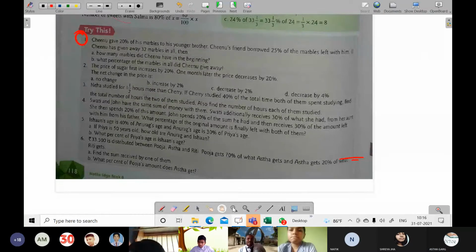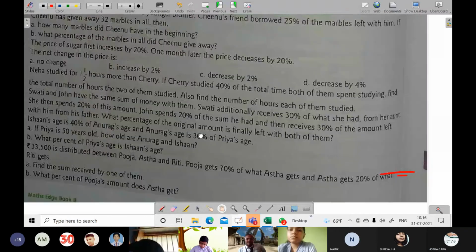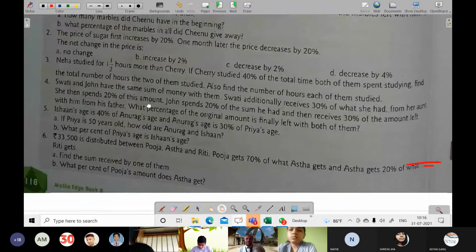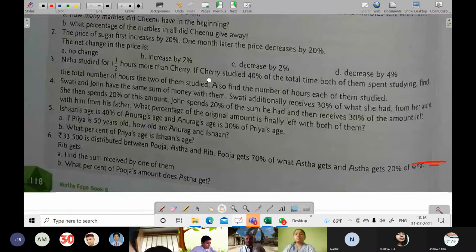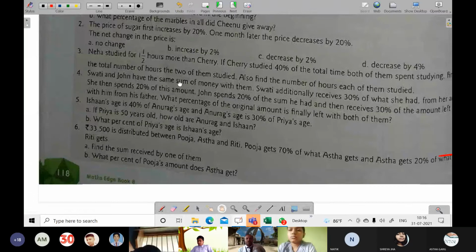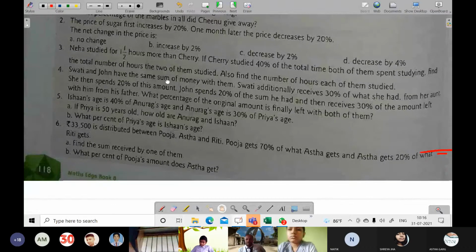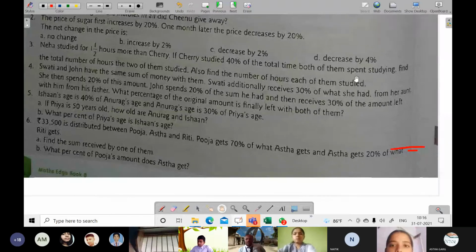Neha studied 1 by 2 hours more than Cherry. Cherry studied 40% of the total time both of them spent studying. Find the total number of hours the two of them studied.